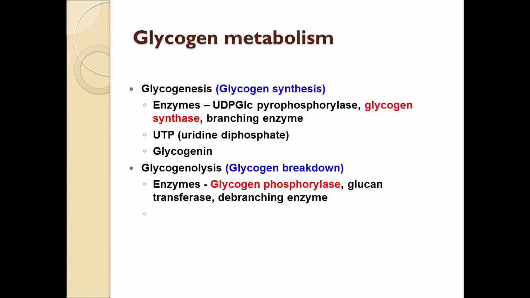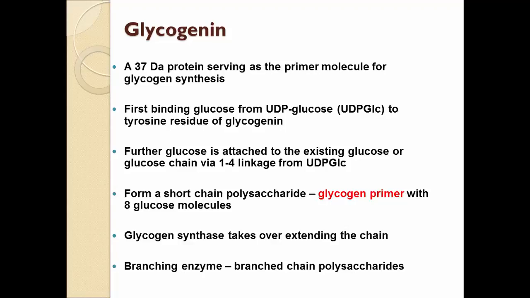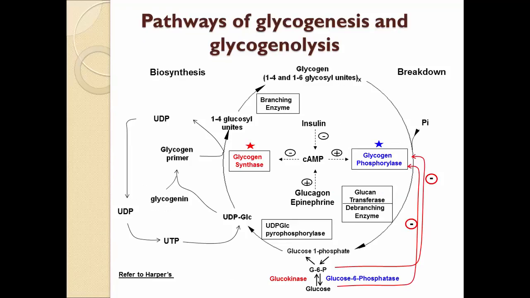And glycogen breakdown also involves several enzymes. What you need to remember is a key enzyme in each pathway: glycogen synthase in the glycogen synthesis pathway, and glycogen phosphorylase in the glycogen breakdown pathway, right? These are the two key enzymes in these pathways. Again, you just try to remember the key enzyme, right?